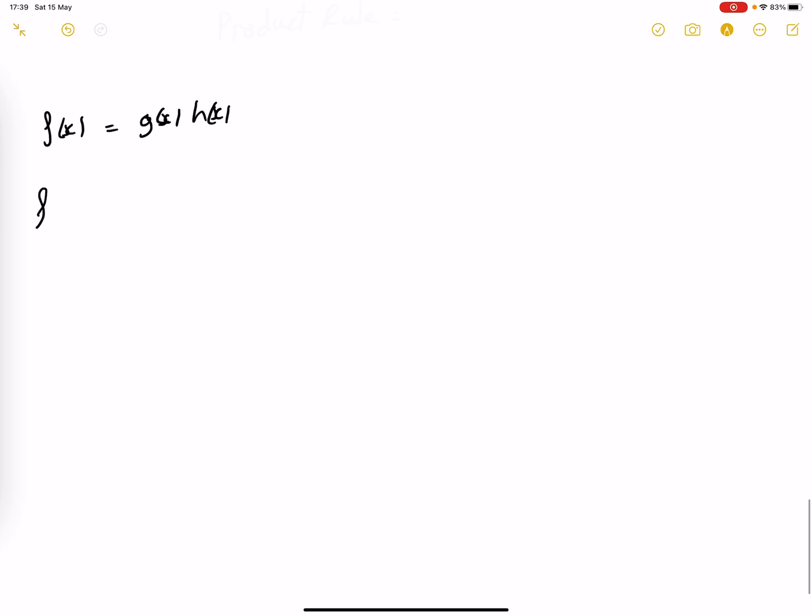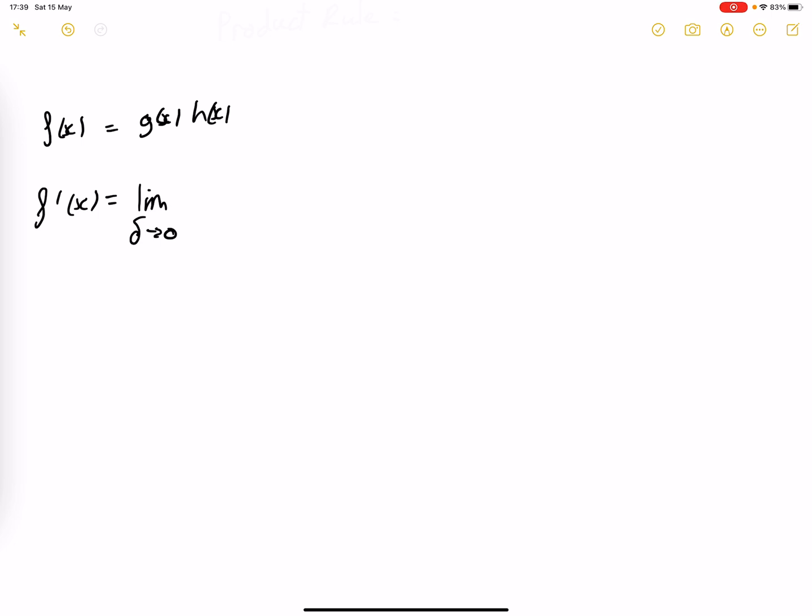Well, first of all, we are doing this by first principles. f dash of x is going to be equal to the limit as delta tends to 0. I'm using delta because we have an h already here, and it would be a bit confusing if I used h's as my limits.